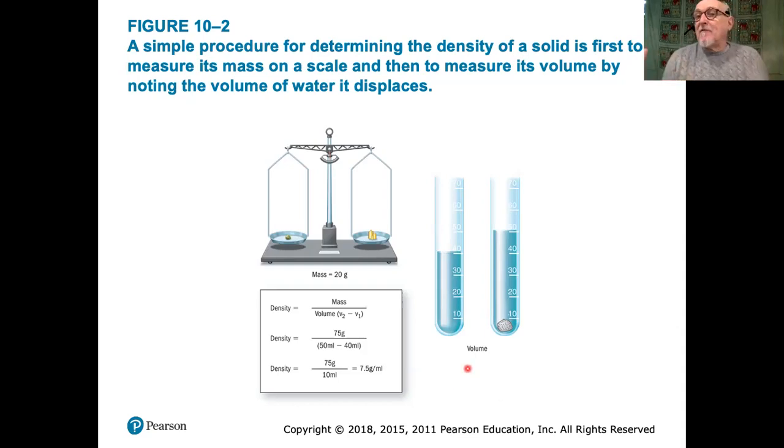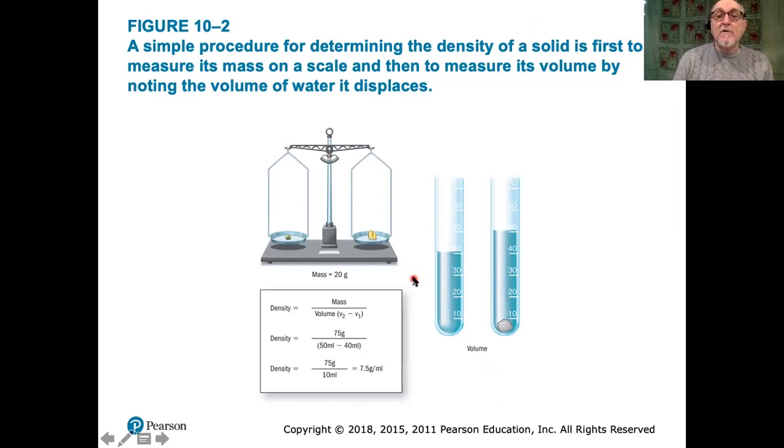And if we wanted to do a little experiment, here's what we could do. Properly, we would do this experiment by using water at 4 degrees Celsius. It's not absolutely necessary for our purposes, but here we go. So we're going to measure the density of a solid.